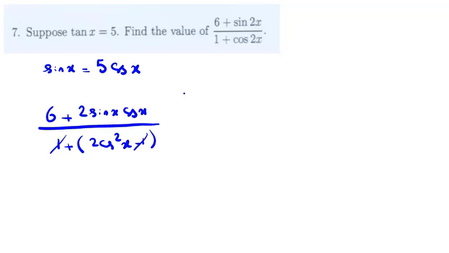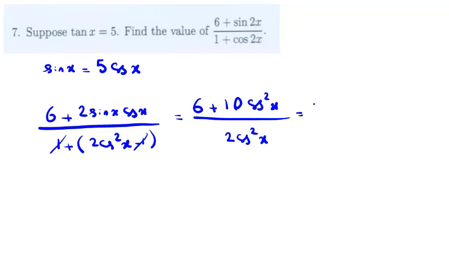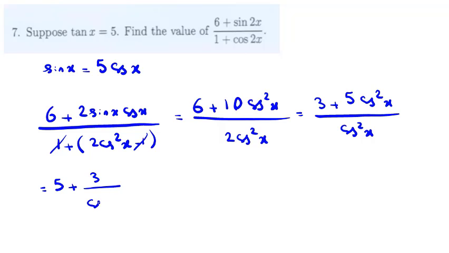And then we replace sine x with 5 cos x. So it will be 6 plus 10 cos squared x all over 2 cos squared x. And we will cancel both numerator and denominator by 2. So it will be 5 plus 3 over cos squared x.